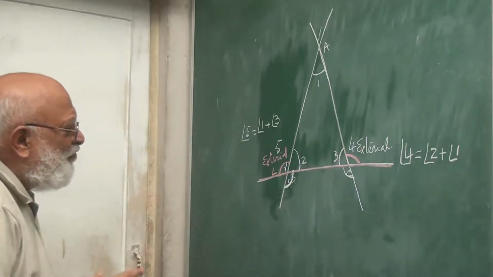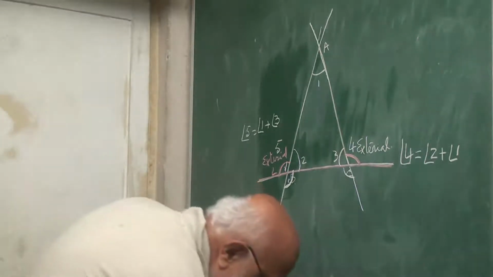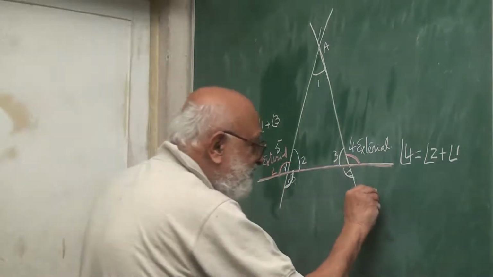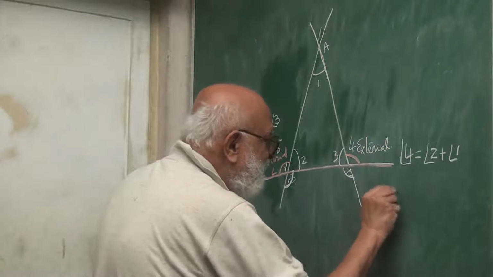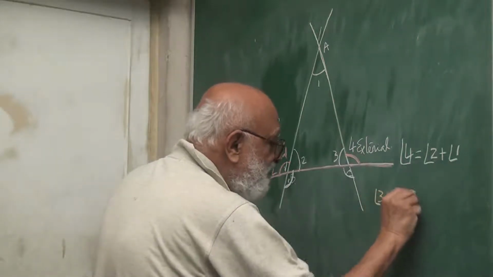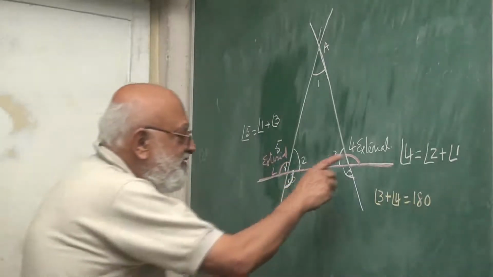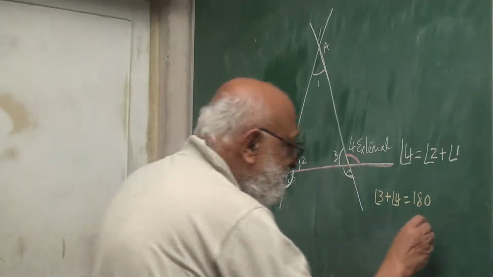Let's look at the proof also a little bit. It won't take much time. Let us see, angle 3 plus angle 4 is equal to 180. Why? Because they are a linear pair.